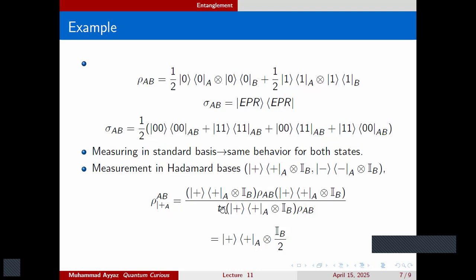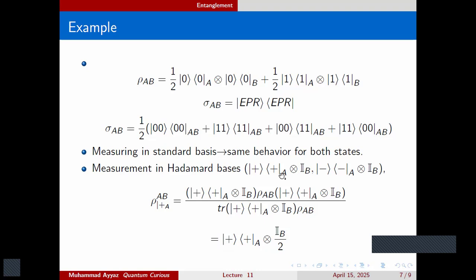The post-measurement state we can calculate as this, and we could see that in that case, the state of B is going to collapse into a maximally mixed state, not the plus state, not the minus state, but the maximally mixed state. In that case, we could see that systems A and B are not that much correlated. And this is different from the measurement that we saw earlier in the standard basis.